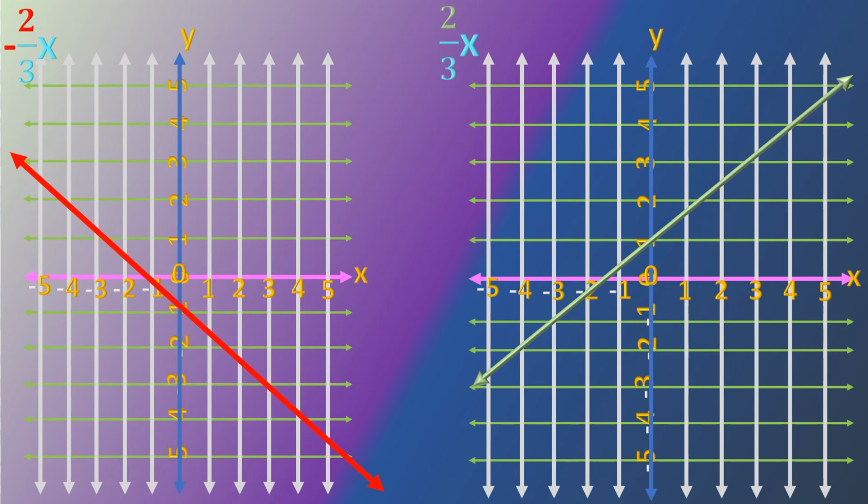Okay, let's analyze the lines that we have graphed. The line on the right, this line is positive. I know this because if I look at my slope, I can see that it's a positive 2/3. But how can I determine that a line is positive just by looking at it? There are many ways that teachers teach this, but I like to tell students to look at the highest part of the line.